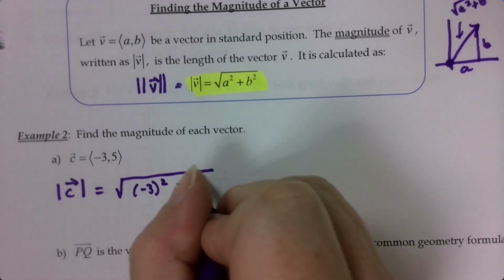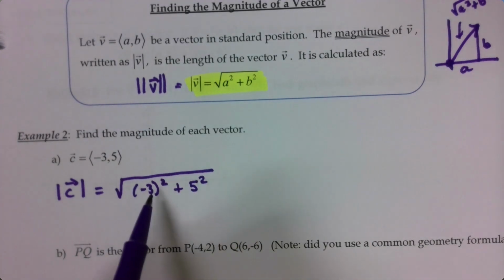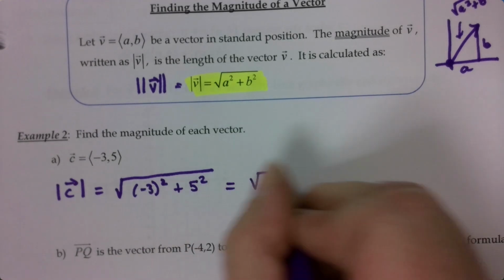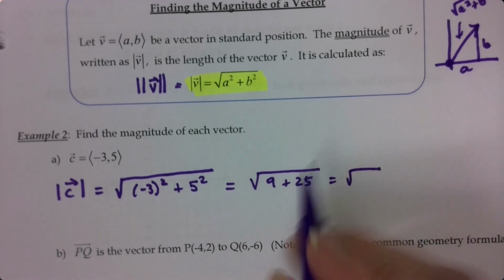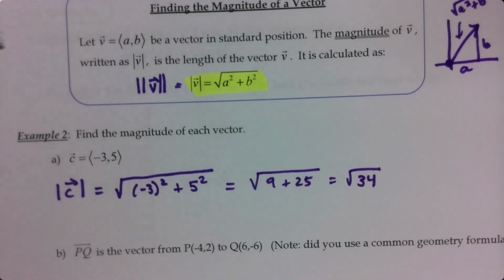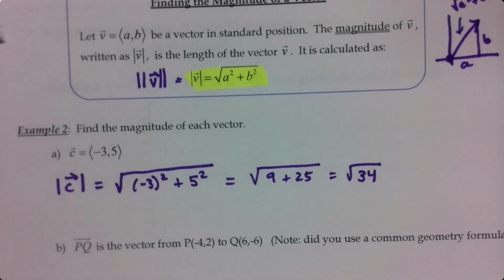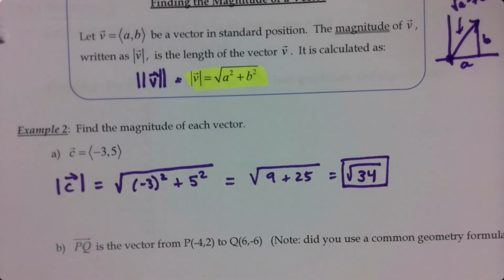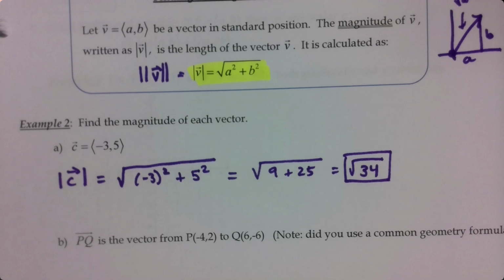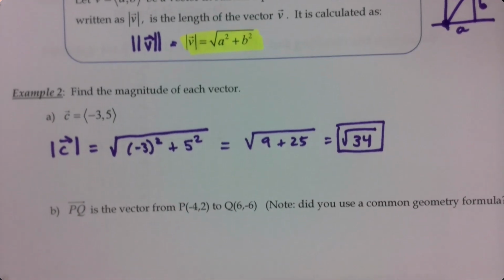You don't want to leave the -3 outside of the parentheses, right? You want to square it. So that would be the square root of 9 plus 25, which is the square root of 34. And that's it, right? It's the square root of 34. There are no perfect squares that go into that, so there's nothing to reduce.